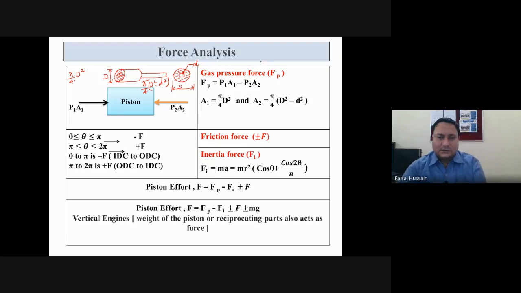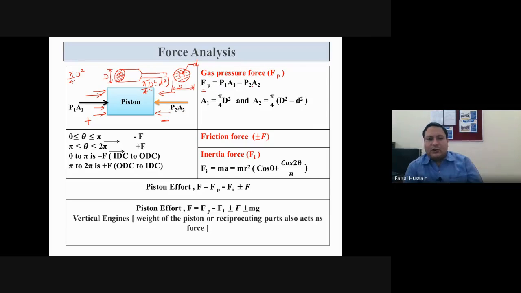Now the gas force, let us assume it is Fp. So what will be Fp? P1A1 is on this side. This is the gas force which is acting, and this is P2A2, in the opposite direction. So the effective gas force will be, this is plus and this is minus, positive into negative, so it will be P1A1 minus P2A2.